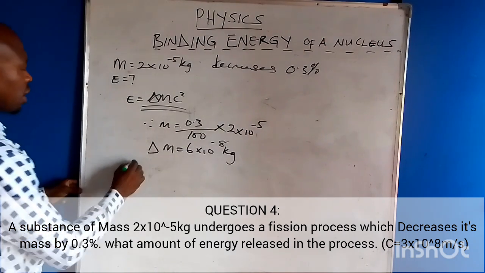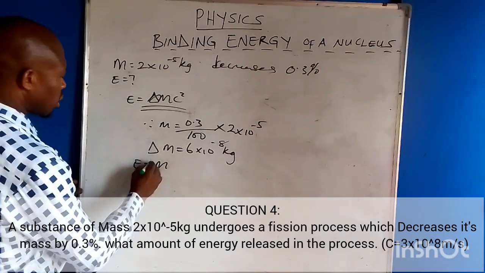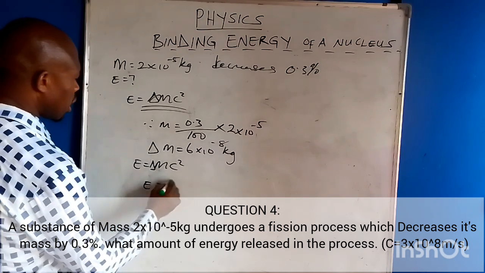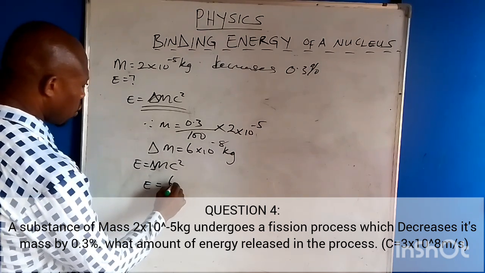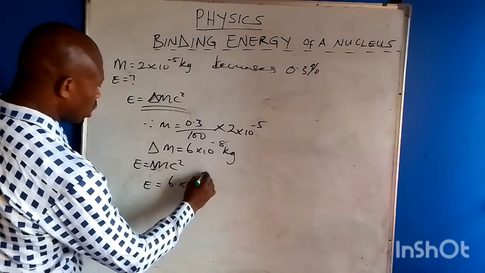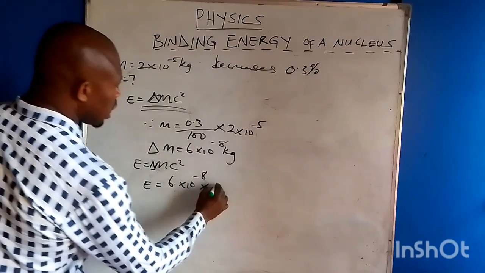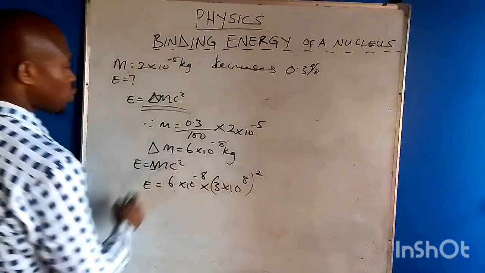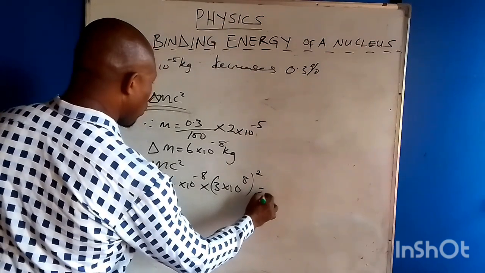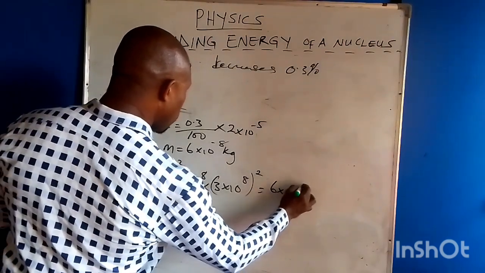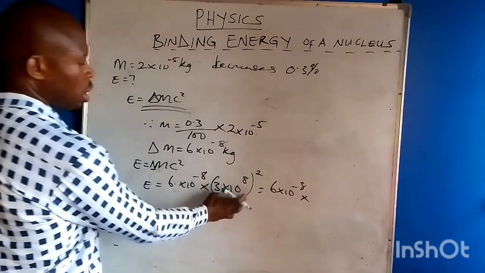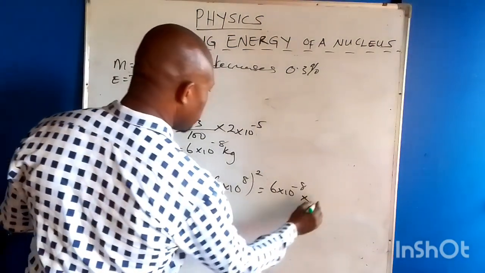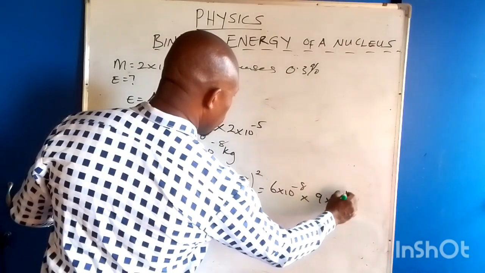Now, energy released is delta m c squared, which gives us 6.0 times 10 raised to the power minus 8 times c. c is 3 times 10 raised to the power 8. Remember, it is squared. So we have 6 times 10 raised to the power minus 8 times 9 times 10 raised to the power 16.